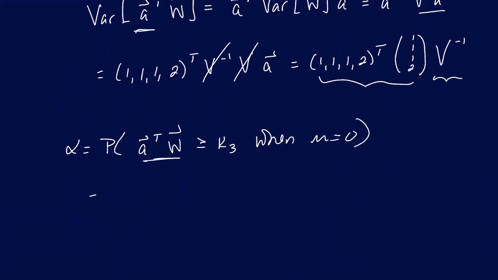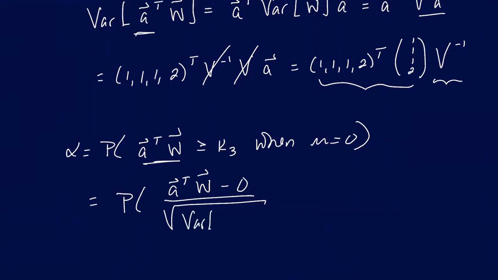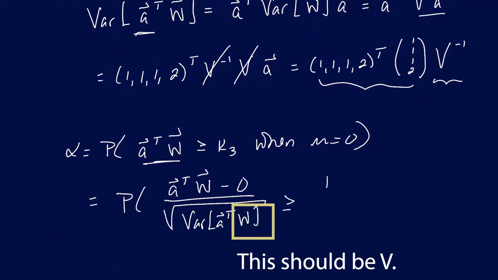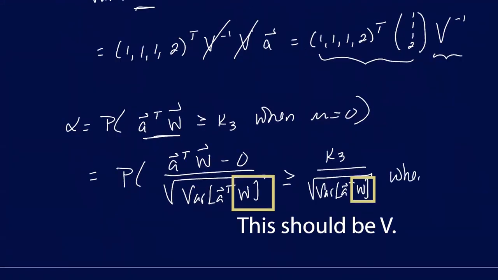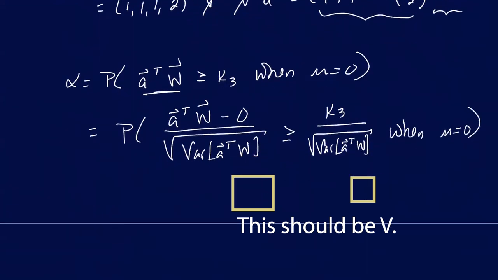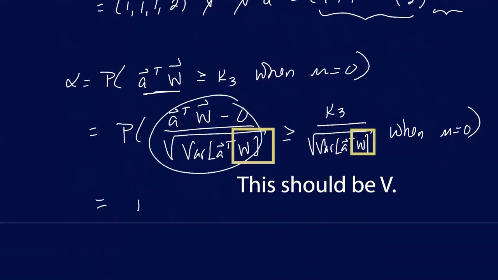And again, this is a scalar, so I can subtract the mean of 0 and divide by the square root of the variance of A transpose W. So K3 over the square root of the variance of A transpose W when mu equals 0. Now this is a univariate standard normal.